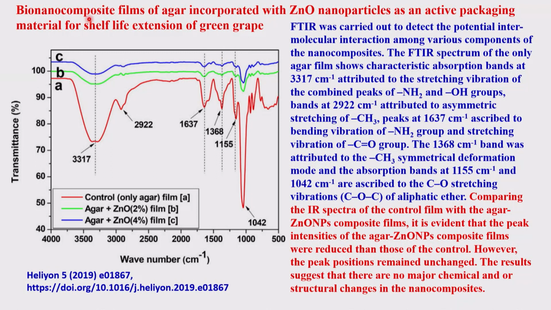Now, how do you prove this packaging, which is not a part of this? What you do is wrap the grapes, and over a period of time, at regular intervals, like once a day or once in a couple of days, you check the film again and see how intact it is. That means how long you can use this film, and you also physically inspect the grapes to see whether they are intact or not.